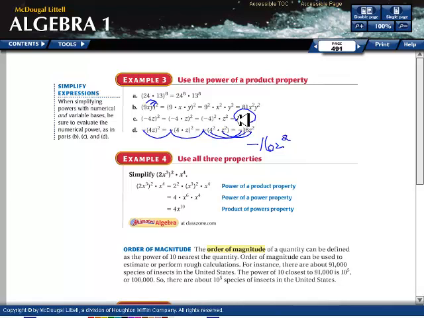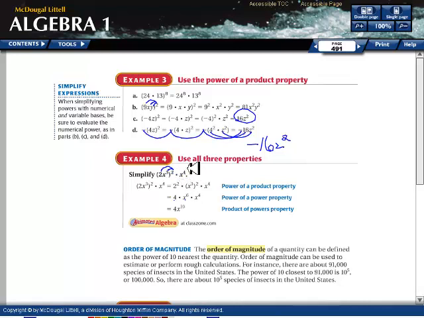Okay? Example 4, using all three properties together. So, this cubed right here is only on that x. So that means this squared goes on the 2, and this squared goes on the x cubed. So, I've got 2 squared, which is 4, and I've got x to the 3rd squared, which is x to the 6th.